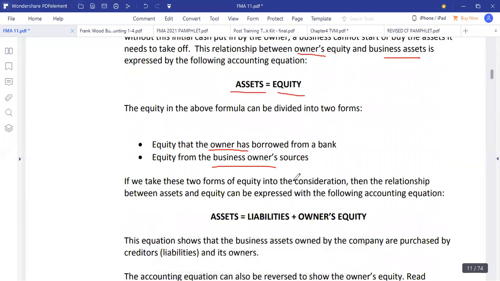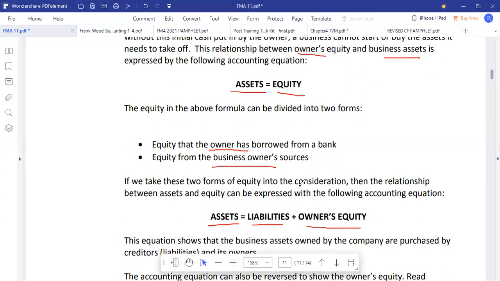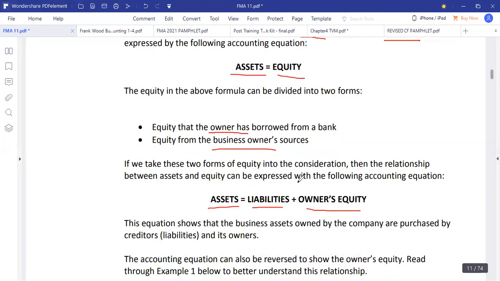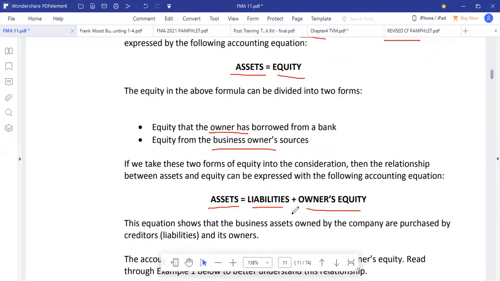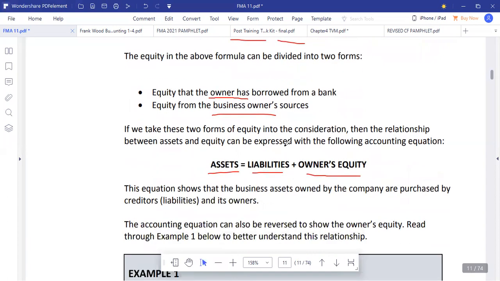So now the borrowed amounts here are what we call liabilities, and the one from the owner's pocket is what we call the owner's equity. So we have an accounting equation which is given by assets will be equal to the liabilities plus the owner's equity. So now this is one key fundamental equation that you need to know, that this equation shows that a business has assets which are subdivided into borrowed funds and owner's funds.